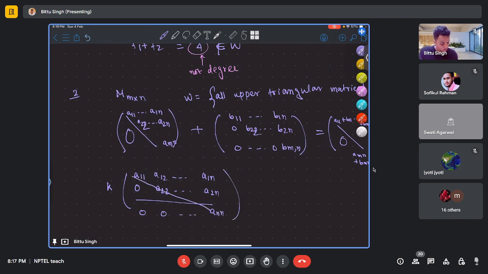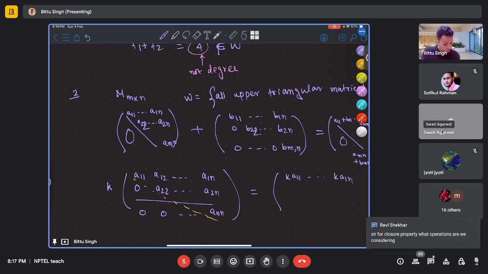This is the same as k times a11 up to k times a1n, and here it will be k times ann. It is also upper triangular, and below that everything will be 0.